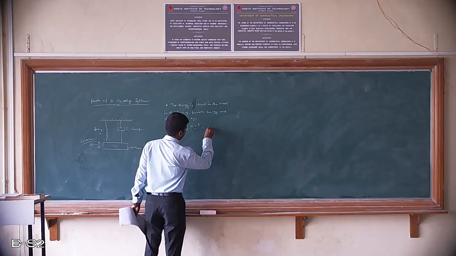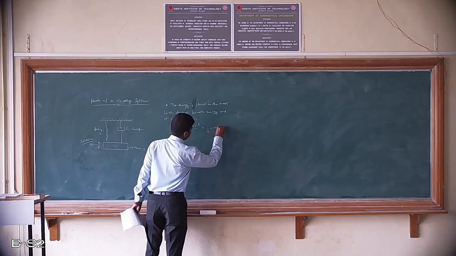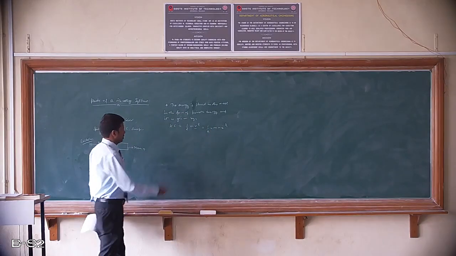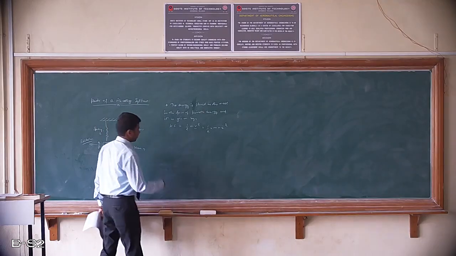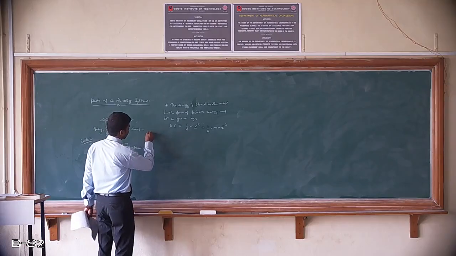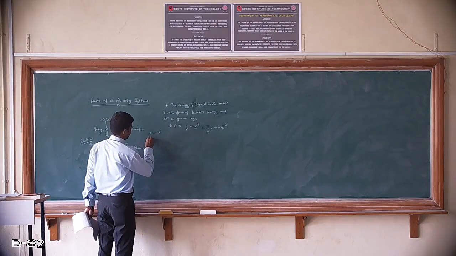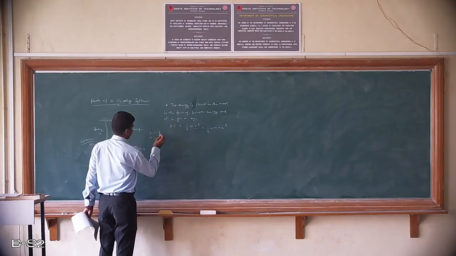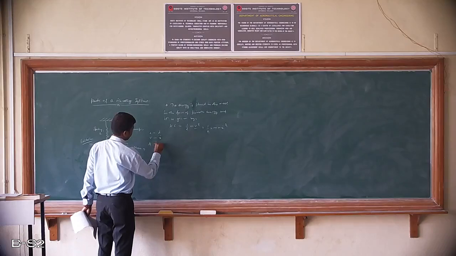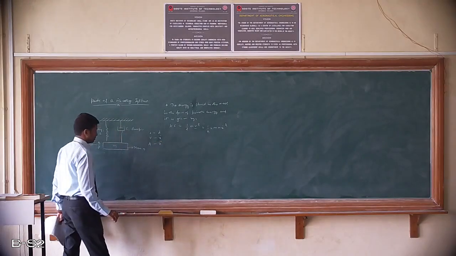Here it is half into m into x dot square, because we have seen in the simple harmonic motion concept and in yesterday's class that x is displacement, velocity is represented as x dot, and acceleration is represented as x double dot.